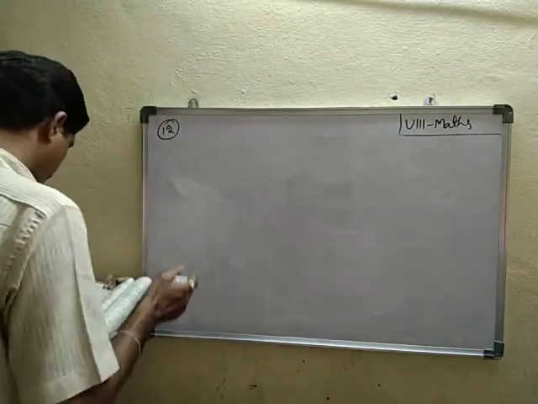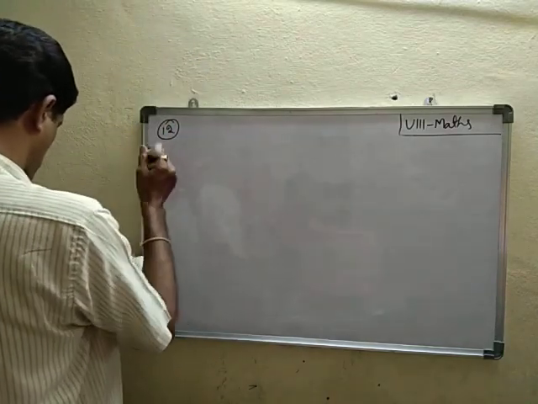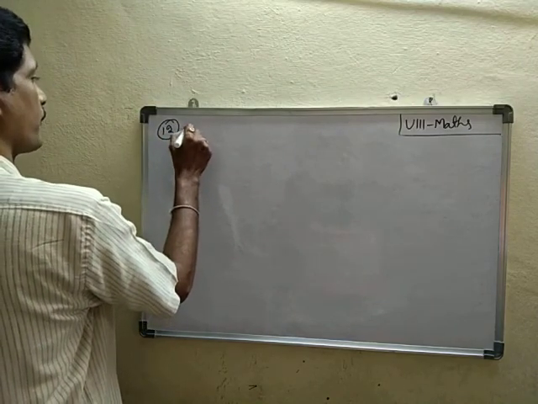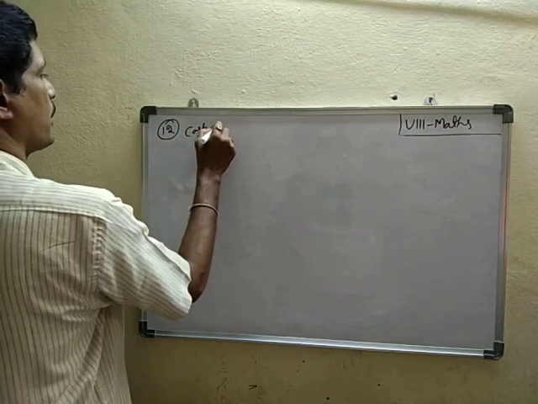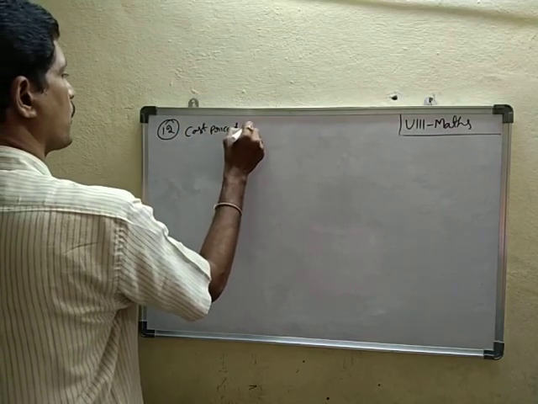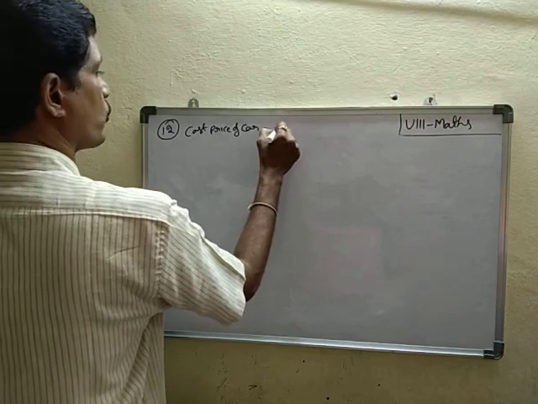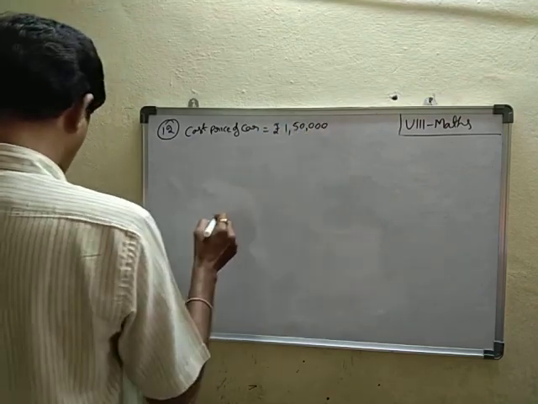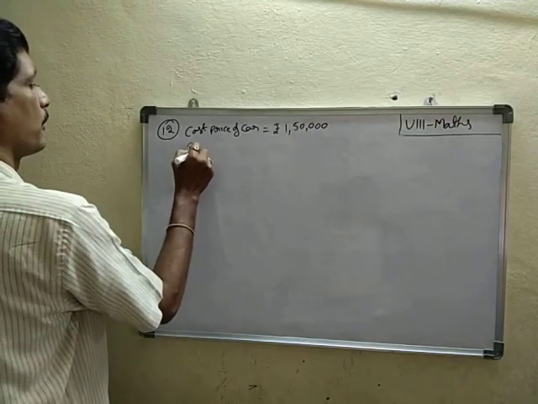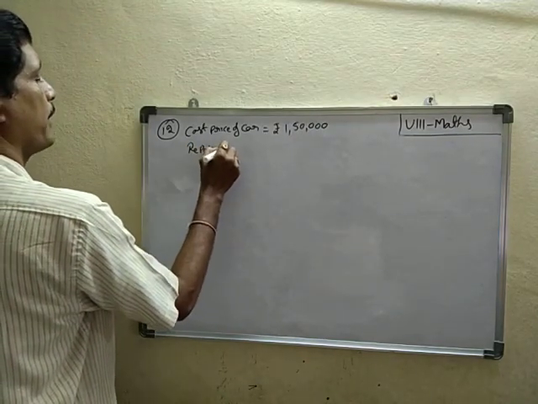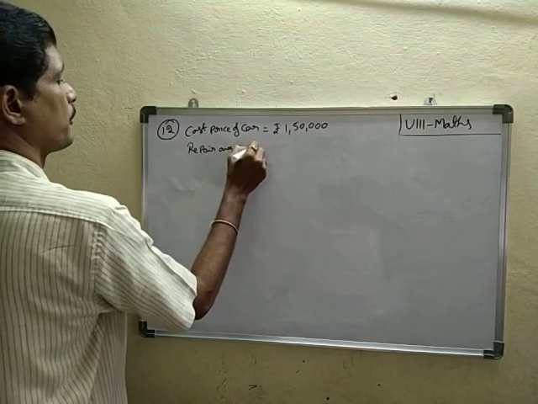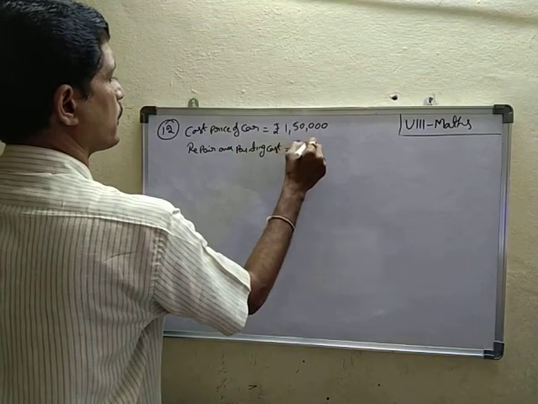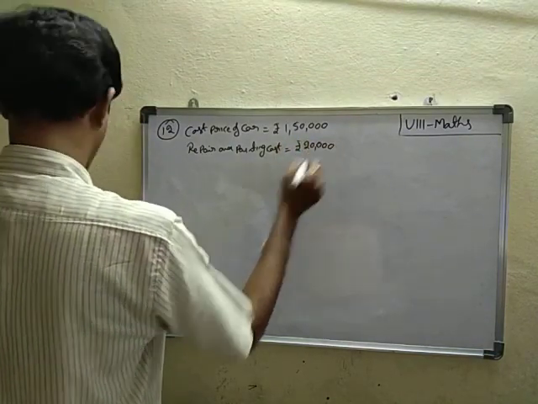Therefore, here the cost price of the car equals 1,50,000 rupees, and the repair and painting cost equals 20,000 rupees.